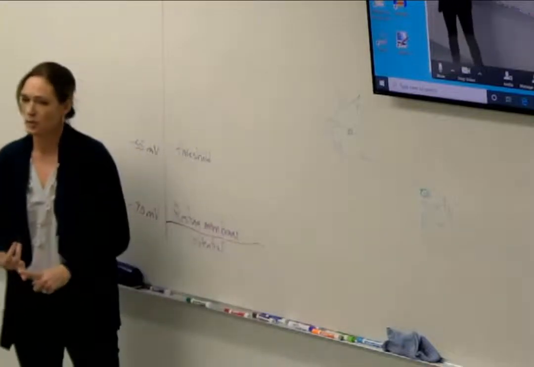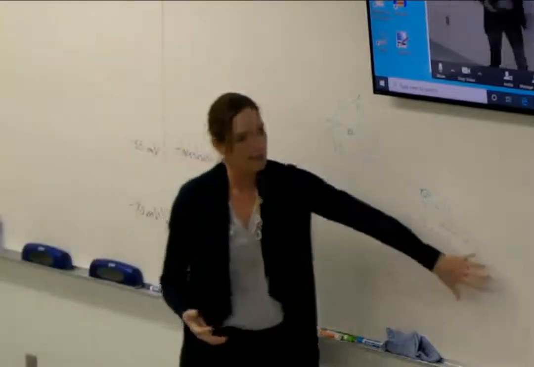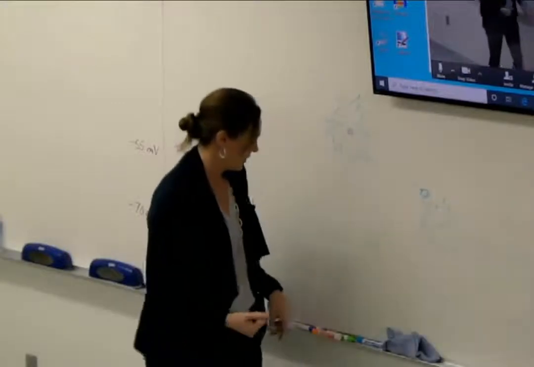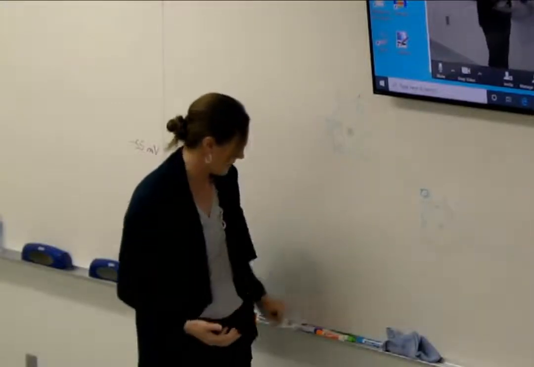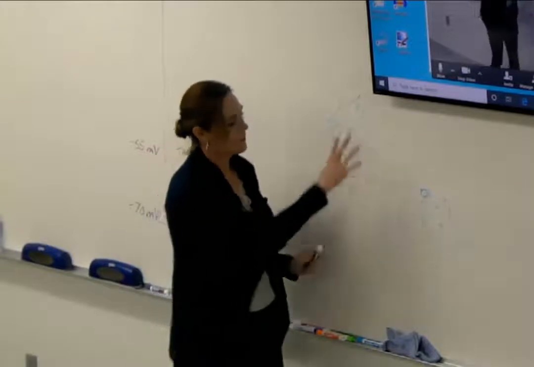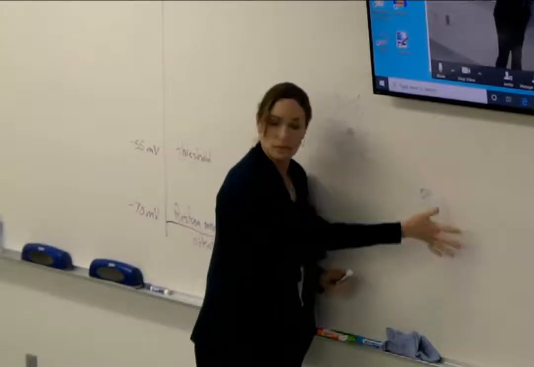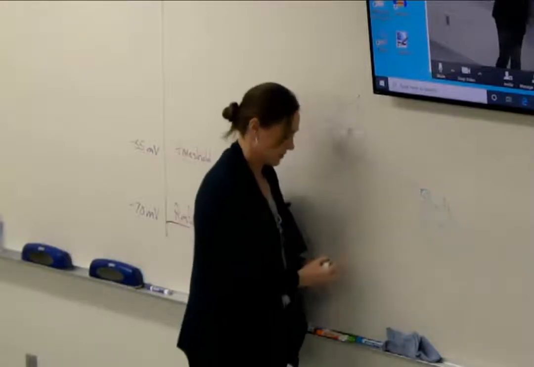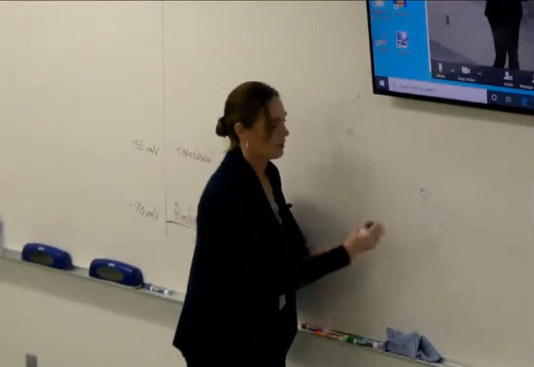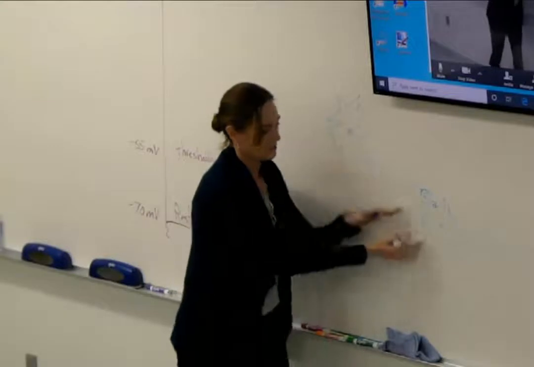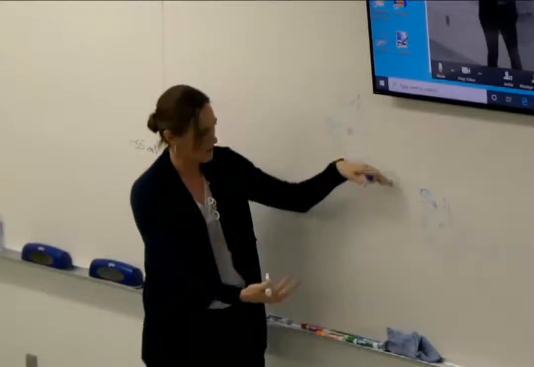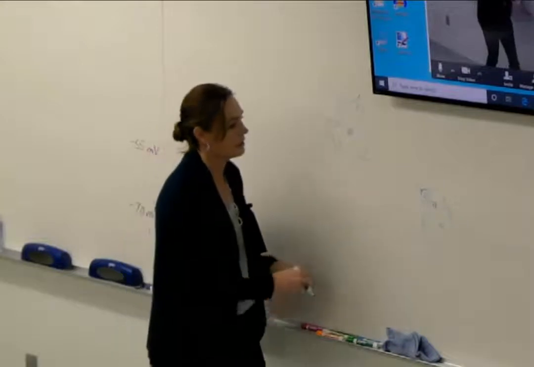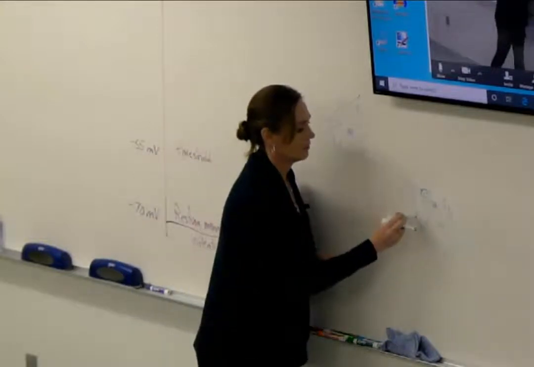How we get to threshold, if we want this neuron to make an action potential, is this neuron is going to stimulate it. It releases its neurotransmitters onto, and usually several neurons are serving, or this one has several ends that might be going to it. Other little areas here.